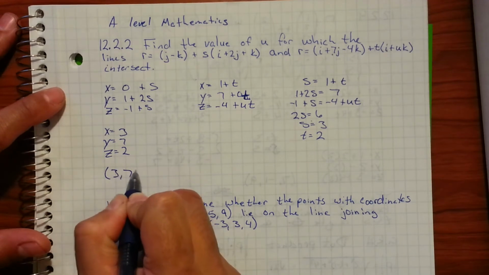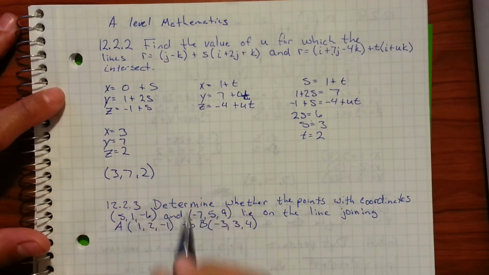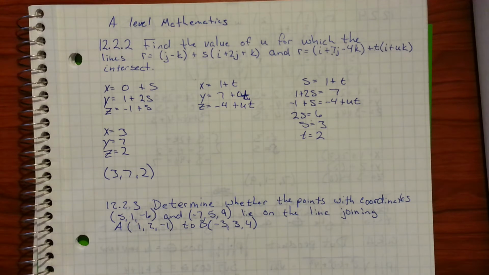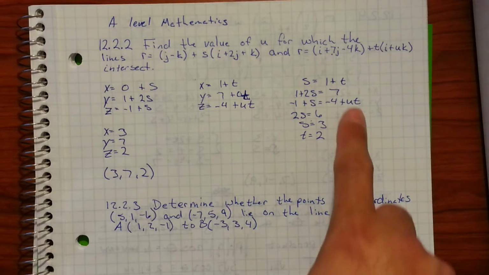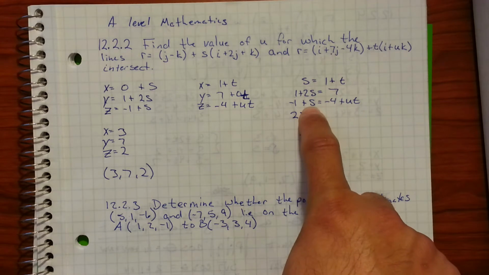3, 7, 2. Now I need to find where u is going to be. I know the value for t, and I know the value for s, so I'm going to plug those in.